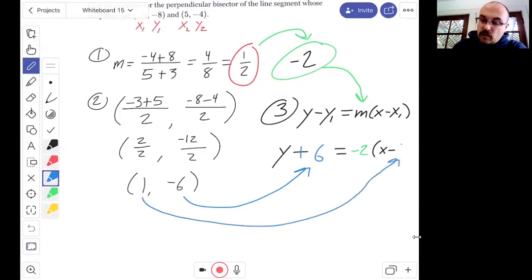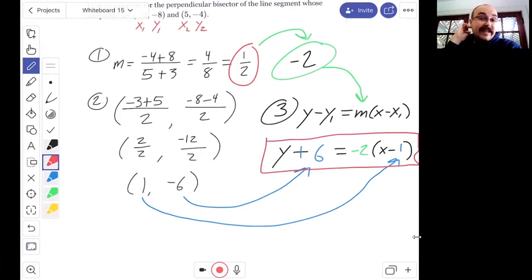We're going to plug in 1, and that's positive. So ends up being x minus 1 because the formula has the negative in it. And there you have it. Example 2 complete. Y plus 6 is equal to -2 times x minus 1. That's the line that would perpendicularly bisect the segment given.